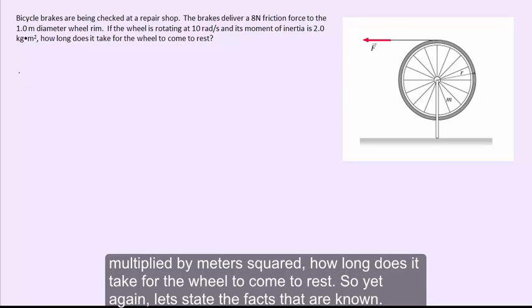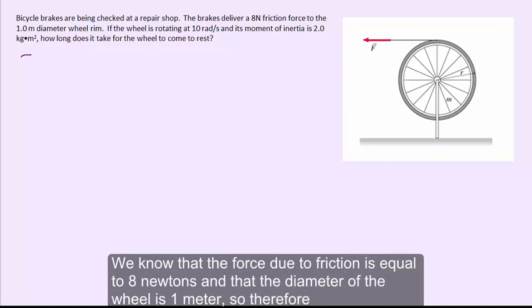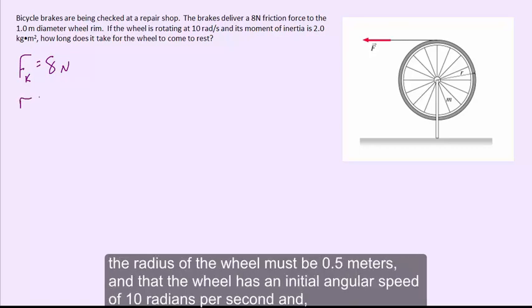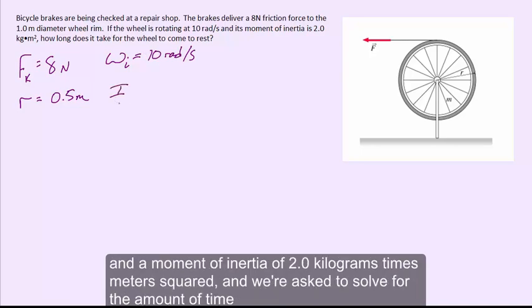So yet again, the facts that are known. We know that the force due to friction is equal to 8 newtons, and that the diameter of the wheel is 1 meter, so therefore the radius of the wheel must be 0.5 meters, and that the wheel has an initial angular speed of 10 radians per second and a moment of inertia of 2.0 kilograms times meters squared.